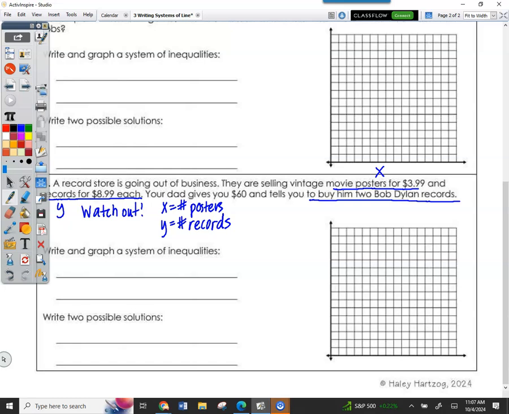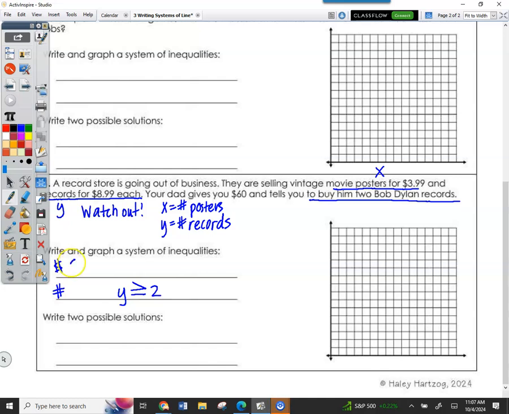So your first inequality is going to be money, but your second inequality is going to be what your dad has asked you to make sure and get. And that is, he said, definitely get me 2 Bob Dylan posters, but did you get more? Yeah. What do you think our money inequality would be?